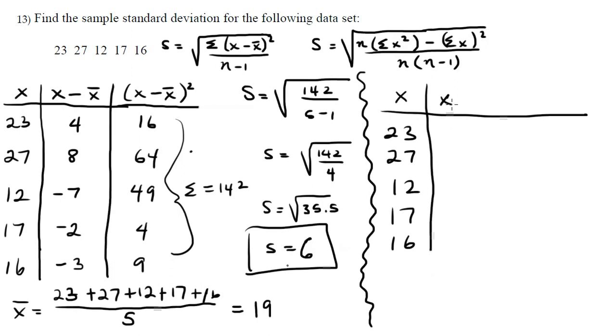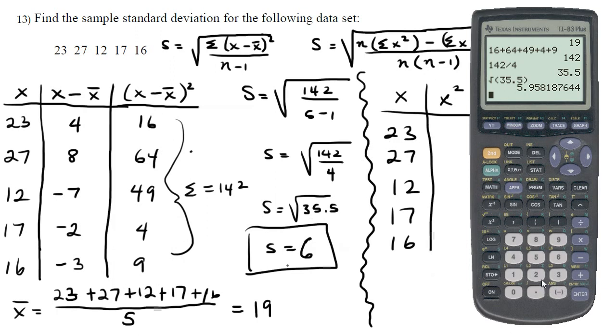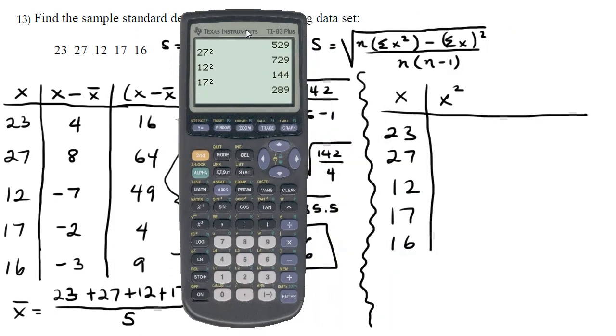So I need to square each of these values. Do we need a calculator for this? 23 squared, 27 squared, 12 squared, got them all in there, right? 17 squared, and 16 squared, right? So let's write them all.